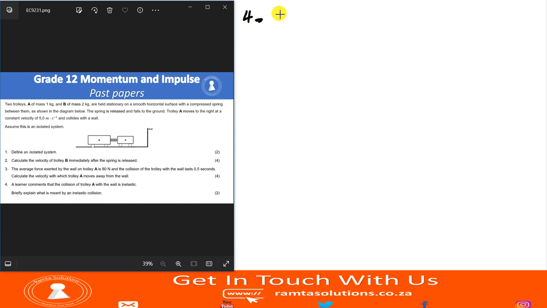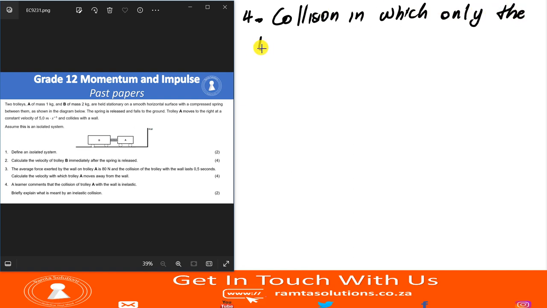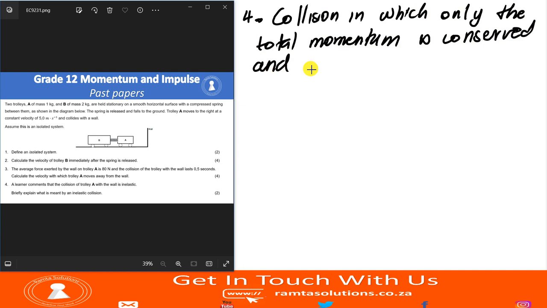So let's write it down. Collision in which only total momentum or total linear momentum is conserved and the total kinetic energy is not conserved.